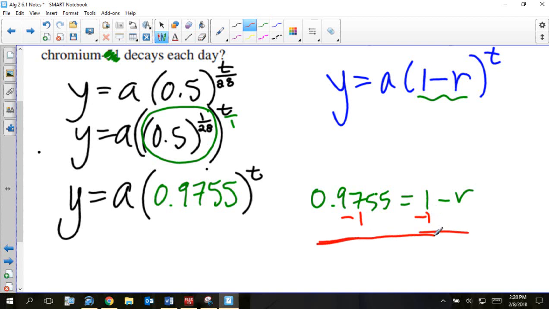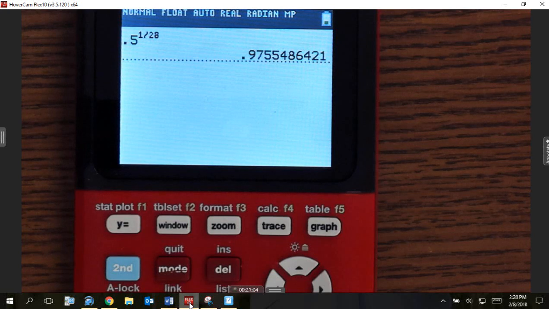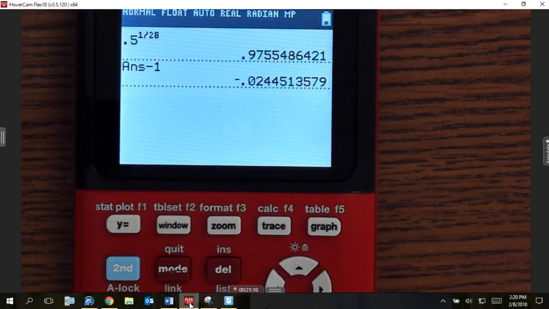And it is up on your calculator. So on my calculator, I hit minus 1, enter. I didn't have to retype anything in. I'm leaving that on my calculator. I get negative 0.0245.